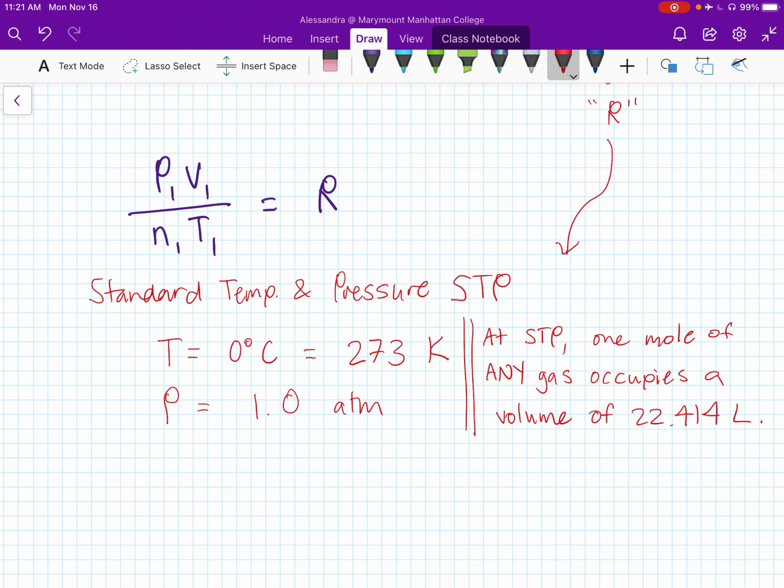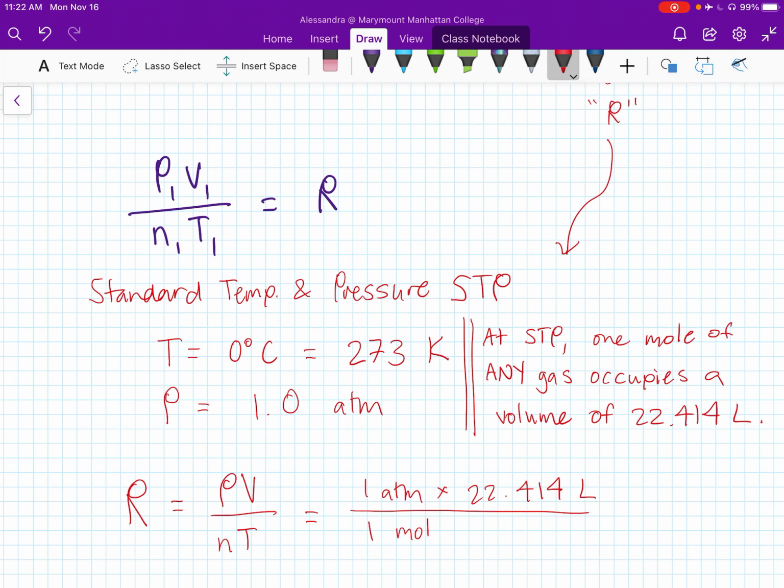So if I plug all of those in for R, I can define R as PV over NT for 1 mole of gas. So I have 1 atmosphere times 22.414 liters of volume over 1 mole of gas times 273 Kelvin.